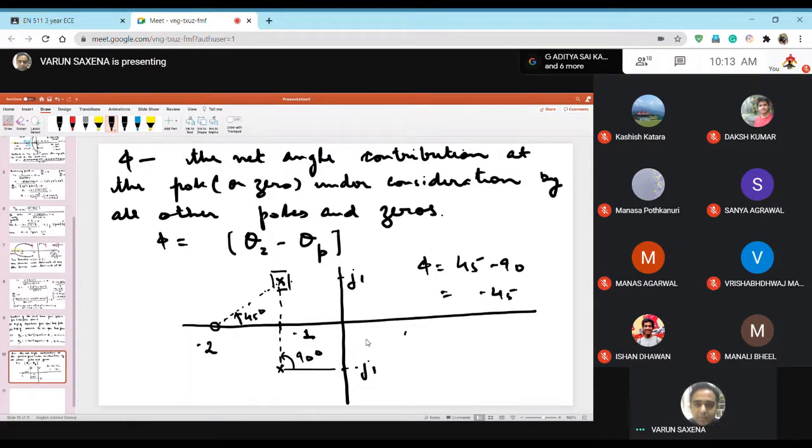So now angle of departure from the pole, because you're considering the top one, we'll just consider 180, q is 0, minus 45. So that comes out to be 135 degrees.